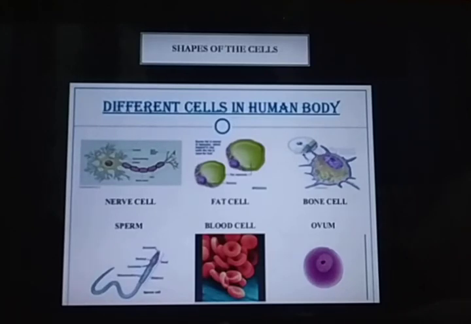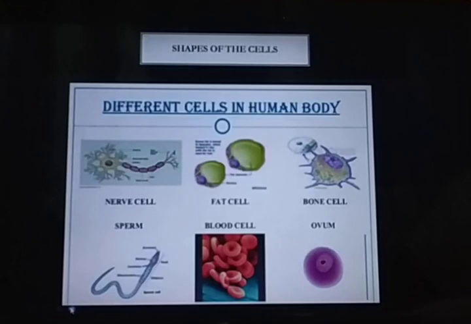The bone cell is kind of amoeba type. Sperm is snake shaped. The blood cell is circular, and the ovum is also circular in shape. So you can see that in the human body only, there are different shapes of cells. You can assume that in different organisms there are going to be many different shapes.